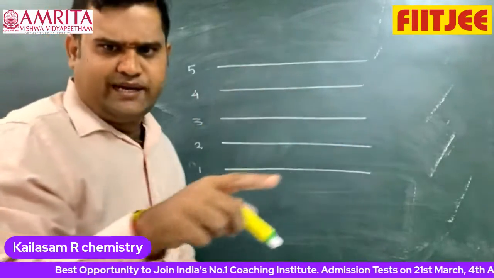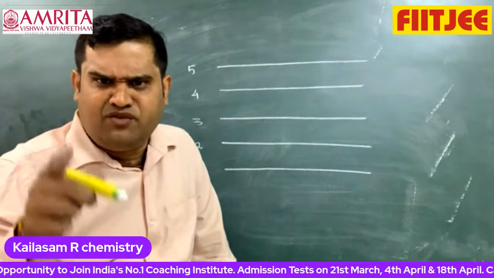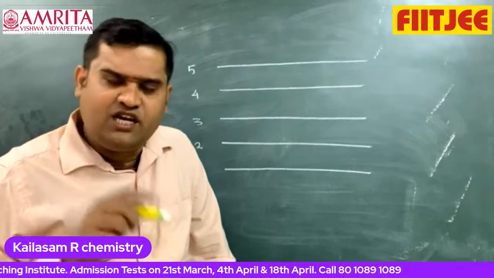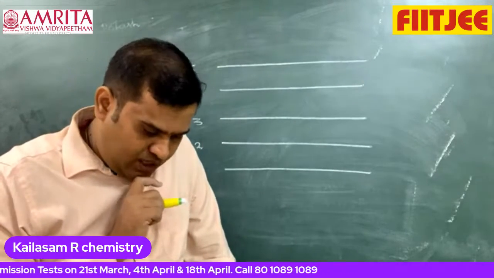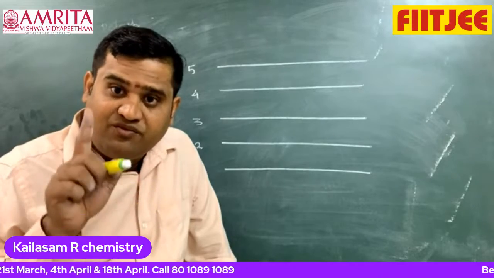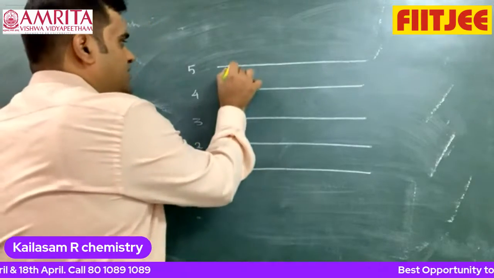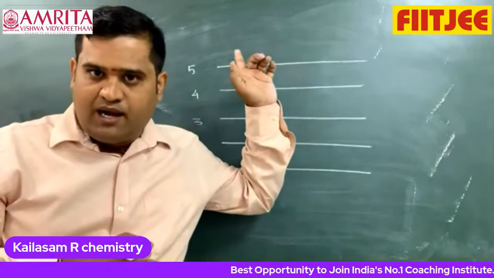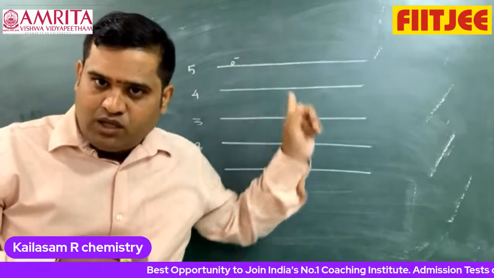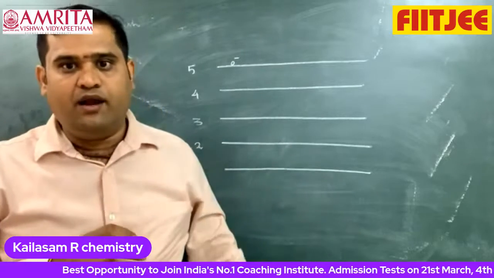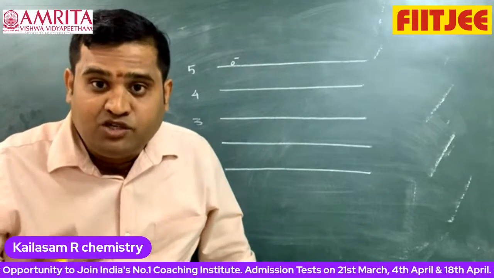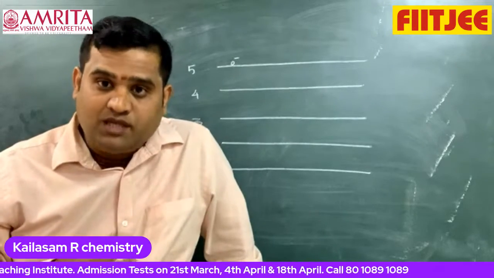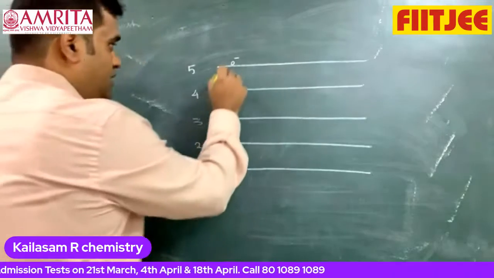What did they say? The electron is present in the fourth excited state. What is the meaning of fourth excited state? The electron is present in the fifth energy level. Here the electron is present. Now they are asking you to find out, because you know that a higher energy level is unstable, so it comes back to a lower energy level. And the energy emission is discontinuous. So what is discontinuous? That means, look at this.